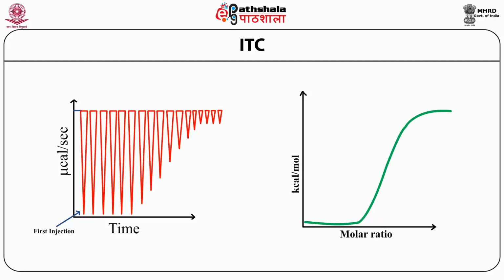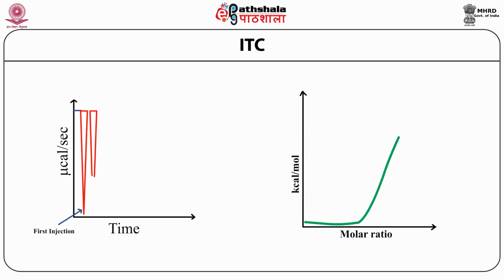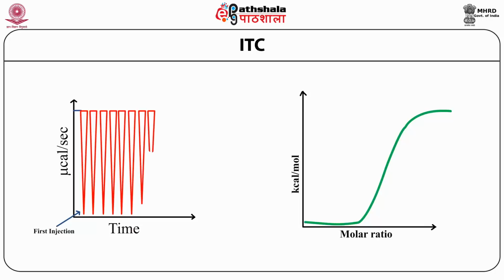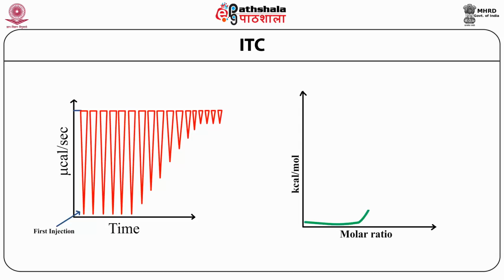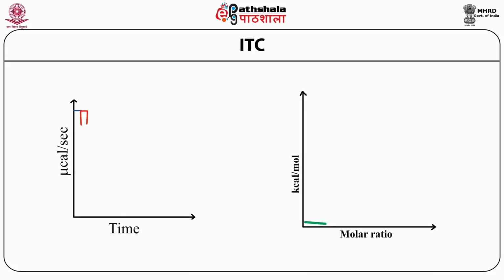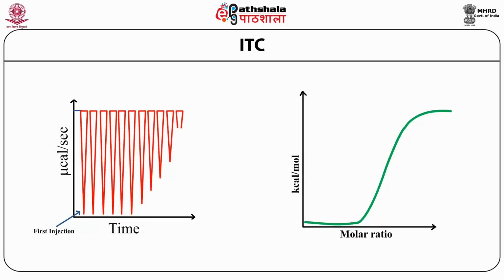Now see how we can calculate delta S. The slope of this curve, the slope of this linear curve at the molar ratio in between, gives you the binding affinity. And this point, at the middle, will be related to the stoichiometry of the molar ratio.